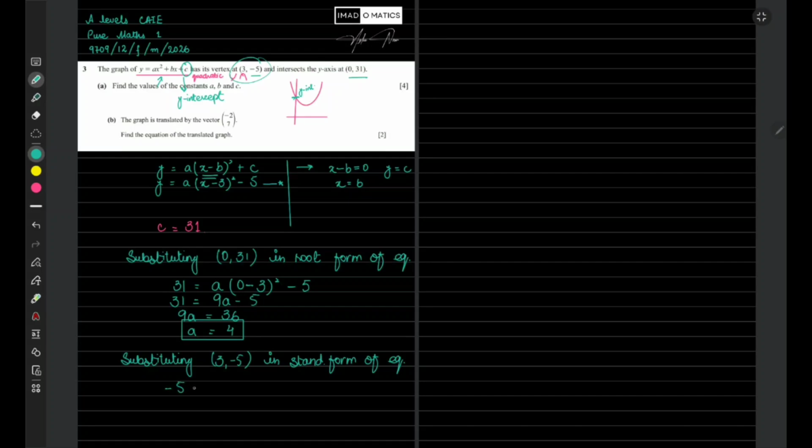So minus 5 equals 4 times 3 square plus b times 3 plus 31.